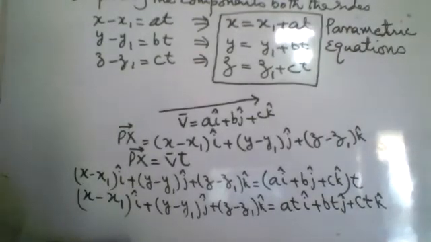Find the parametric equations for the lines in exercises 1 to 12. From question number 1 up to question number 12, we have to find the parametric equations. What is the parametric equation? X is equal to x1 plus at, y is equal to y1 plus bt, z is equal to z1 plus ct. So these are called the parametric equations.